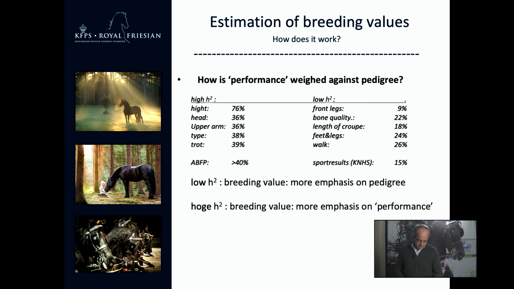It's actually the heritability that determines the degree to which the performance of a horse is weighed against the pedigree. If you have a trait with a low heritability, the breeding value has more emphasis on the pedigree, and if you have a trait with a high heritability, the breeding value has more emphasis on the performance of the horse.